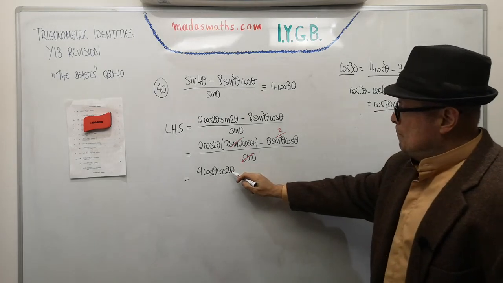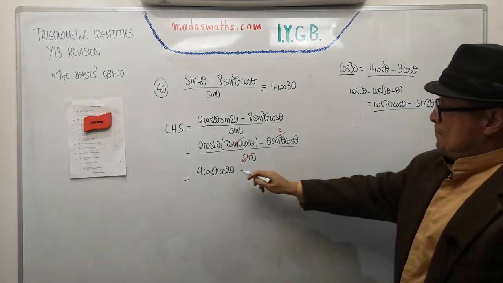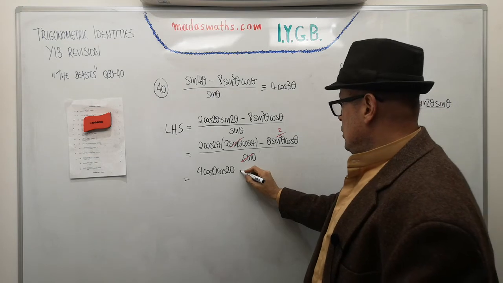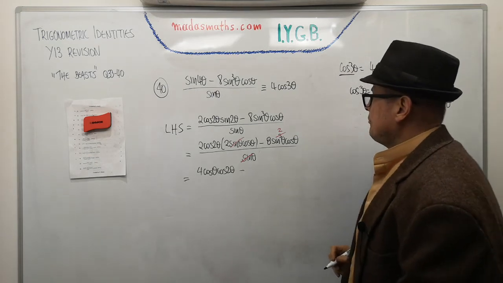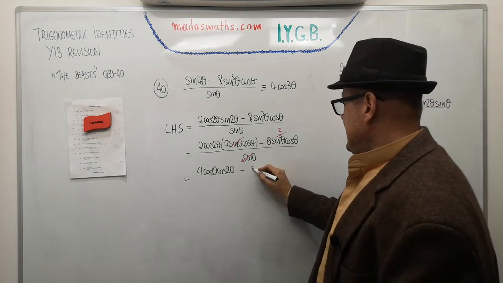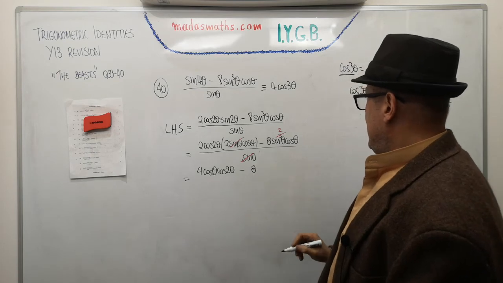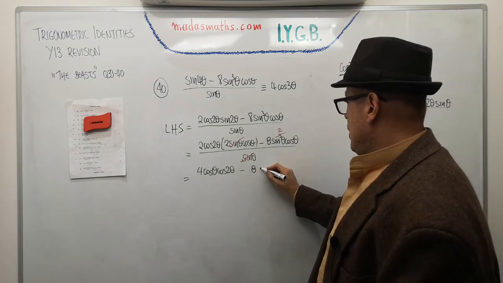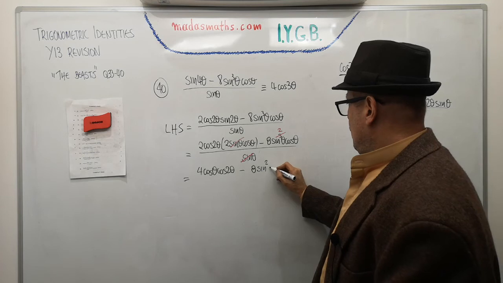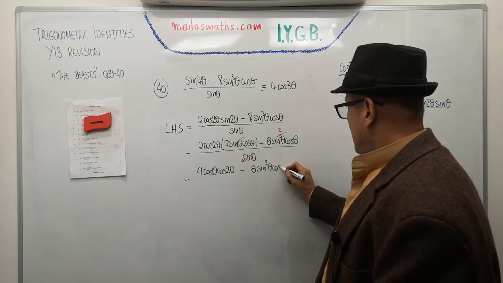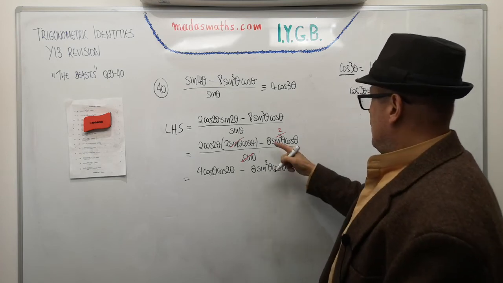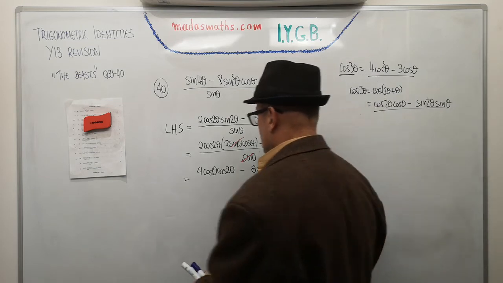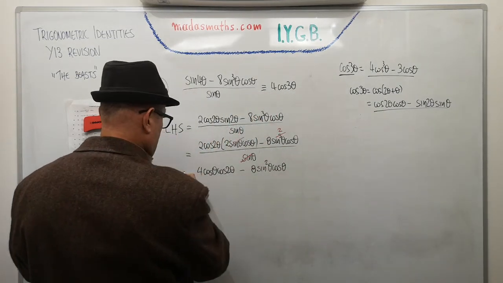So at the moment I've got bits which look like that appearing. Let's continue. Minus 8 sine squared theta cos theta. The denominator, of course, has gone, so we don't have anything else.